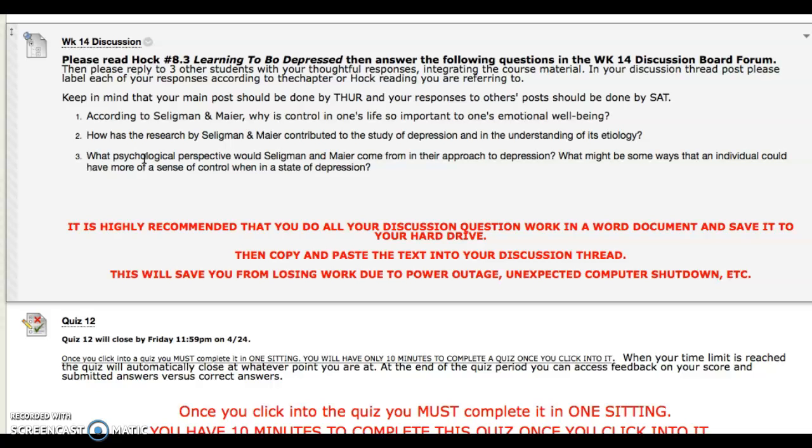Where does it possibly come from, according to these researchers? And also then stating what approach do you think that they use to understanding depression. And we've talked about a lot of different perspectives in psychology: cognitive behavioral, humanistic, different levels of understanding what or why a certain disorder might occur, like what's the cause.